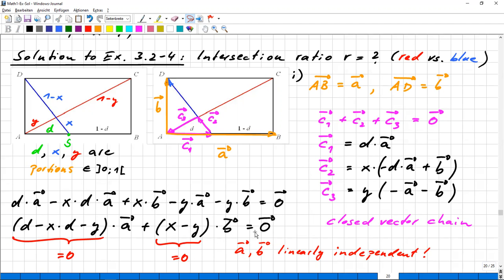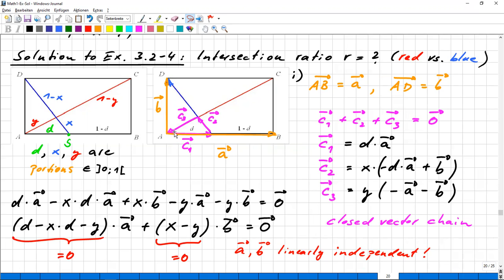And now we can really be sure that vectors a and b are linearly independent. They must be, because they are the basis of our vector space. So what does it mean? It means that if I construct a closed vector chain in this way, this equation can only have the trivial solution, because it's just not possible.